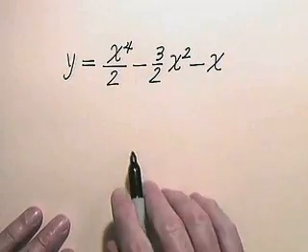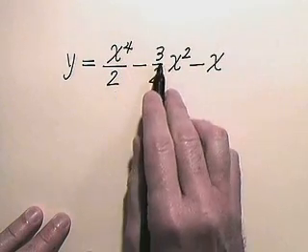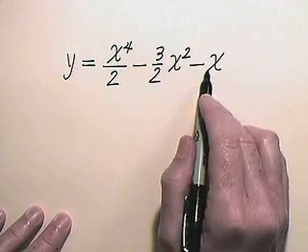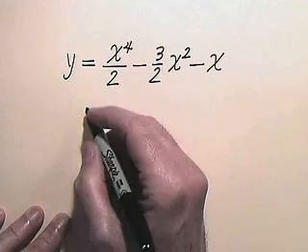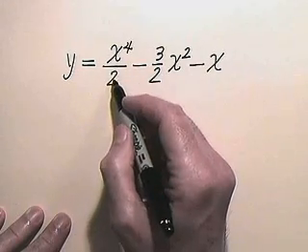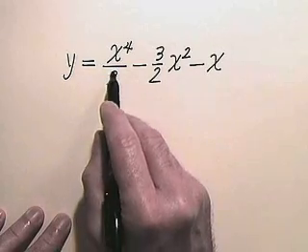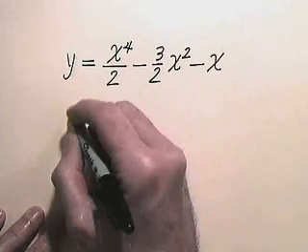Here I have the function y equals x to the fourth divided by 2, minus 3/2 x squared, minus x. And we want to find the derivatives of all orders for this function. Now remember, when I divide by 2, that's the same as multiplying by a half. So this is treated just like a constant 1/2 in front of the x to the fourth.